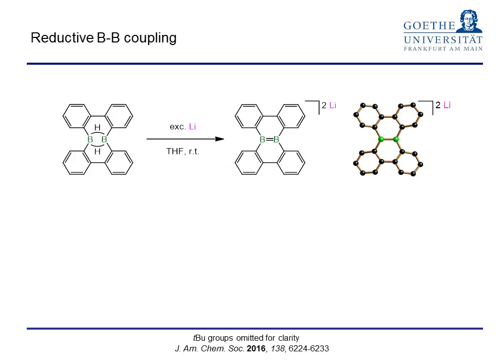Excess lithium metal furnishes a dianionic polycyclic aromatic hydrocarbon with a central B-B double bond. The dianion is a promising molecule for coordination chemistry and furthermore a precursor to a neutral polycyclic aromatic hydrocarbon with central boron-boron single bond.